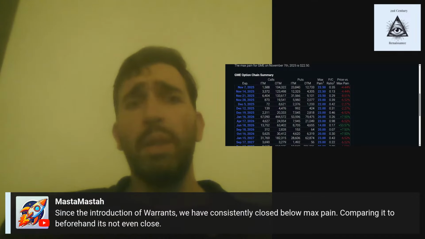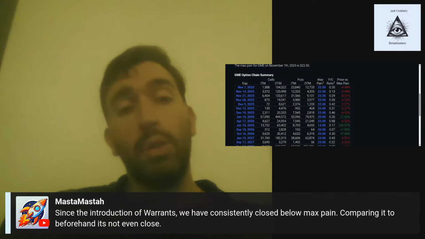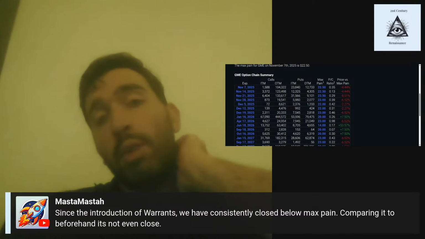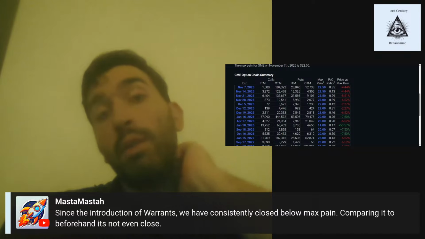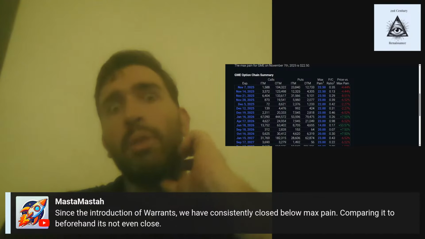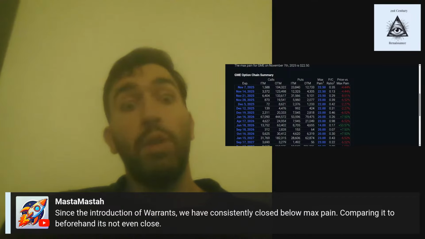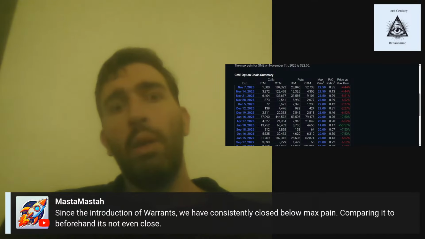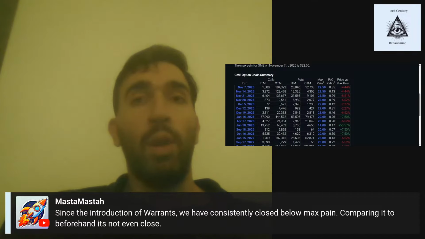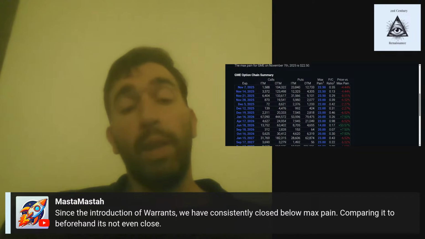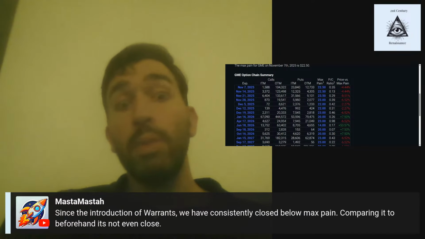It also messed up the options market. I don't know if you guys noticed. Maybe I don't know how much volume you do or how closely you look at spreads or liquidity. The options market hates the warrants. It was bad for the first 2 weeks too. It was super bad. So that's what I was talking about earlier in the stream when we were thinking about premiums.